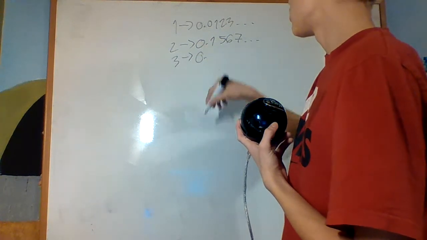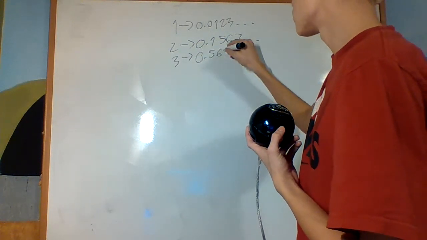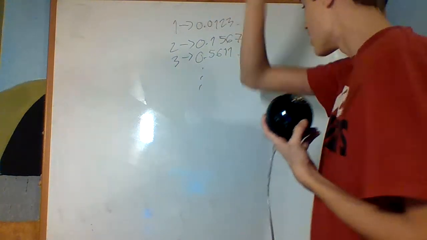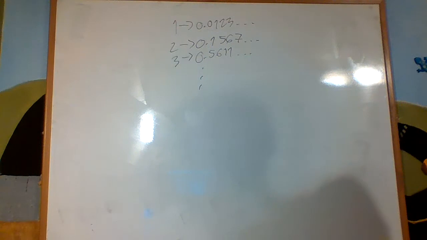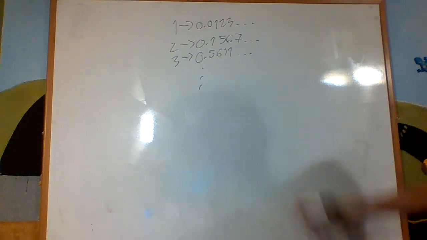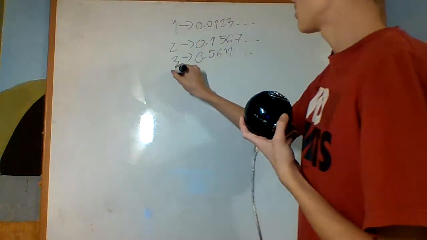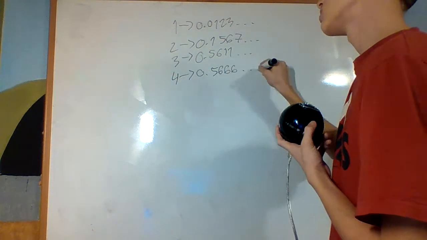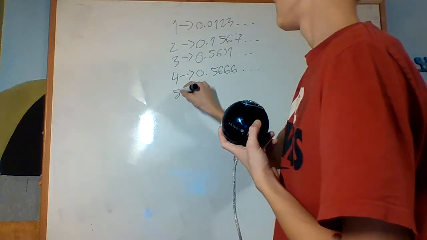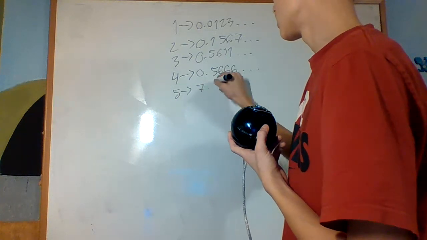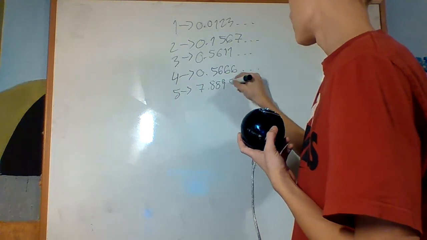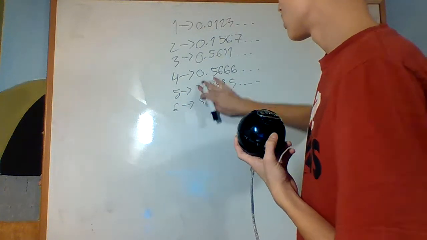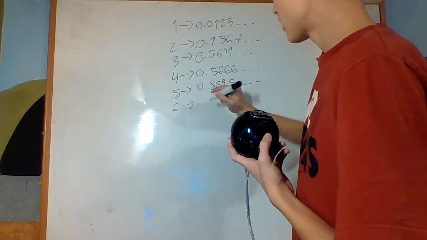3 goes to 0.5611, so on. I don't know, I'm coming up with these on the spot. This is arbitrary. It doesn't matter what you pick. I'll write out a couple more terms, just so you get this sort of idea.